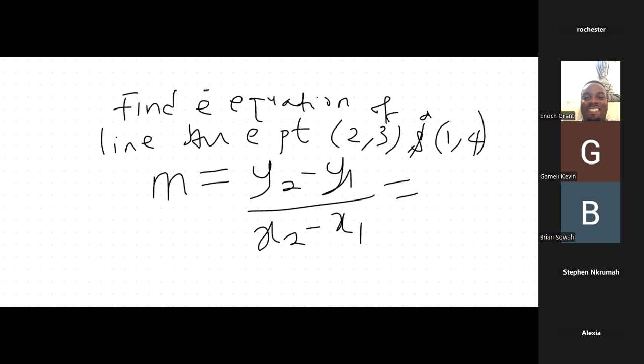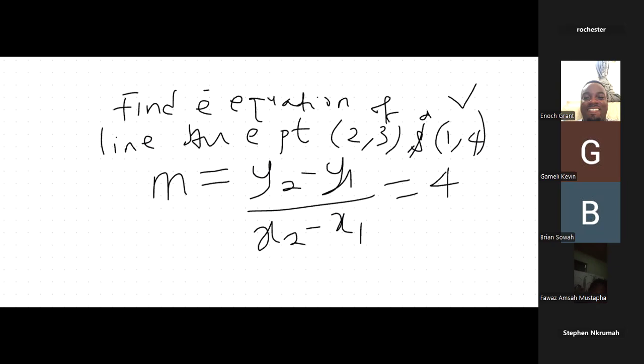So our point two, x2, y2, is actually the one I have put the tick on top of. So our y2 is 4, minus y1.